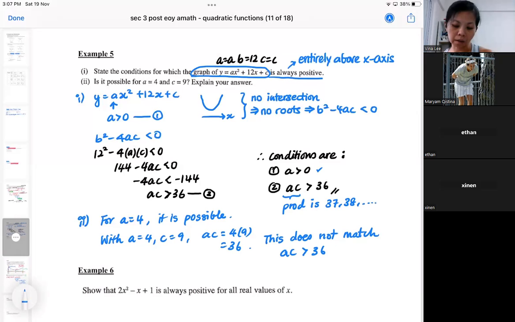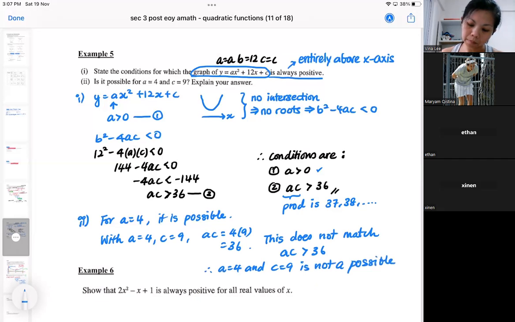I'm not going to accept this combination. So A equal to 4 is fine. But when you try to combine in this way, it doesn't match. Therefore, this is not a possible pair.